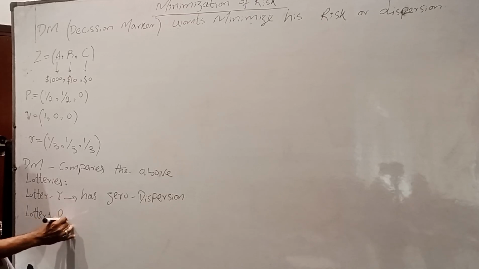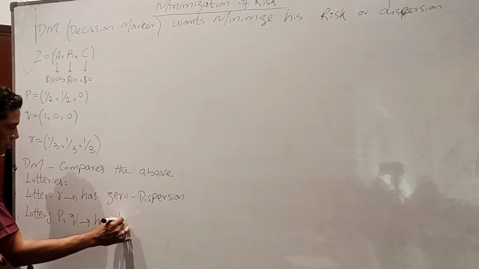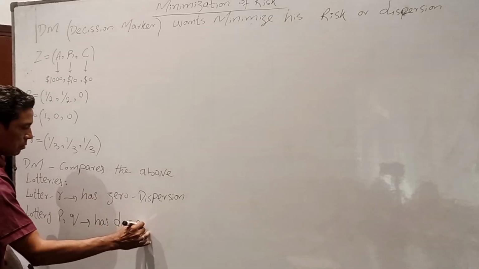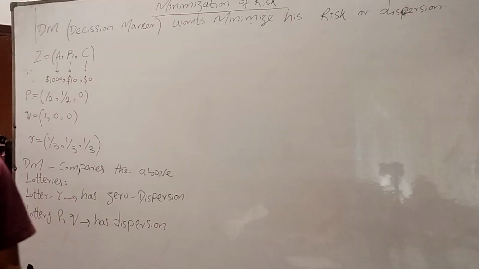Now we will calculate the dispersion of all the lotteries, and then we will decide which lottery has the highest level of dispersion and which has the lowest level of dispersion, and that dispersion will decide the risk for these lotteries.